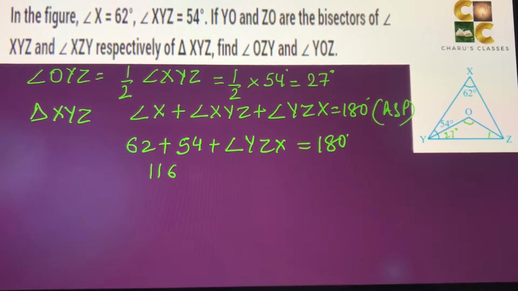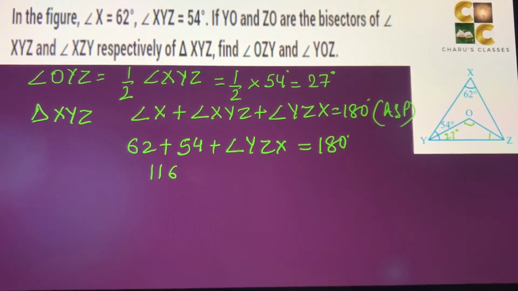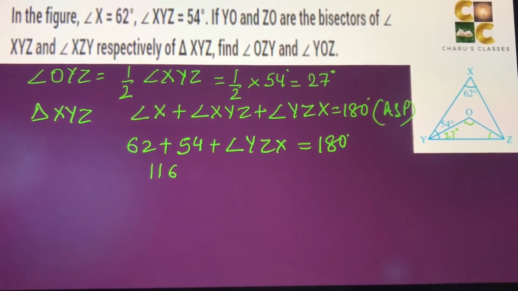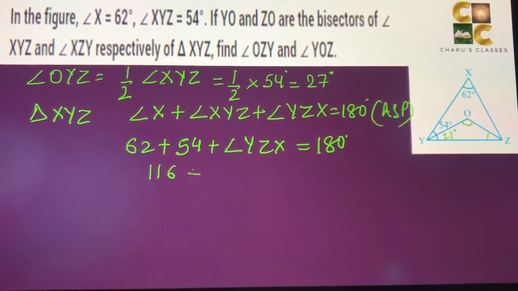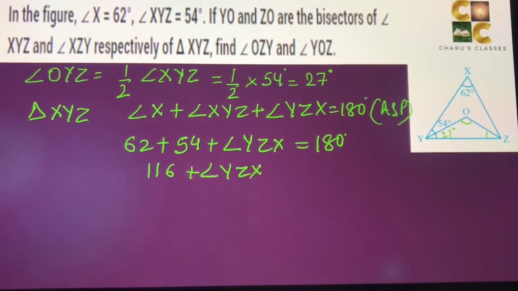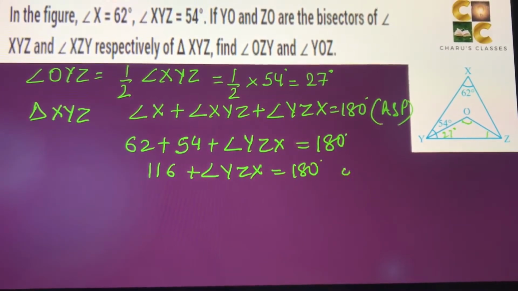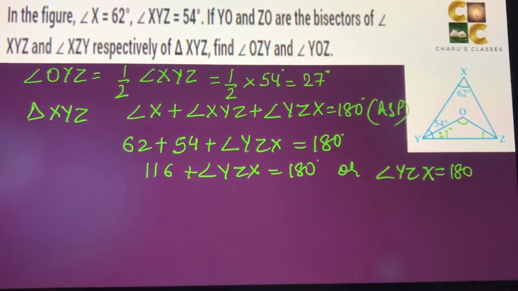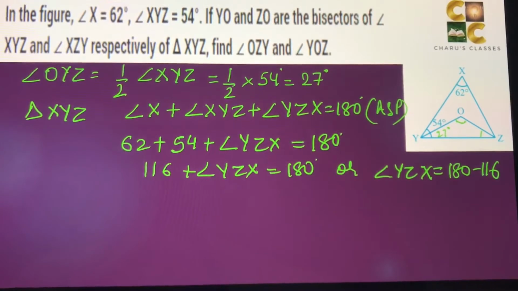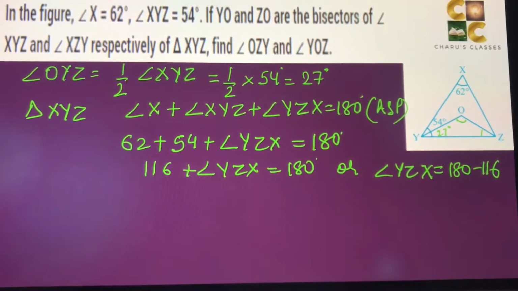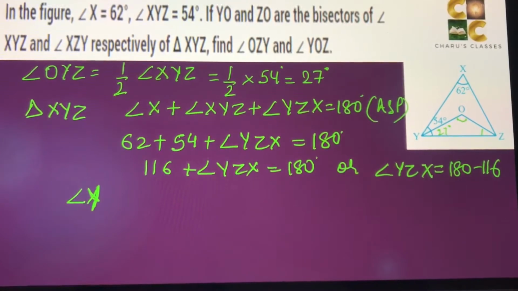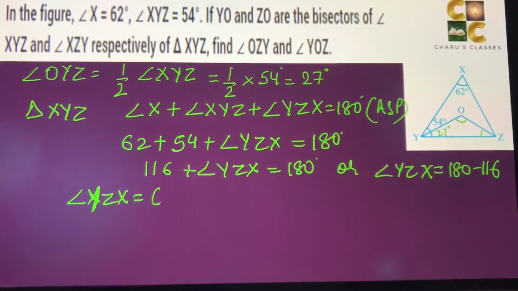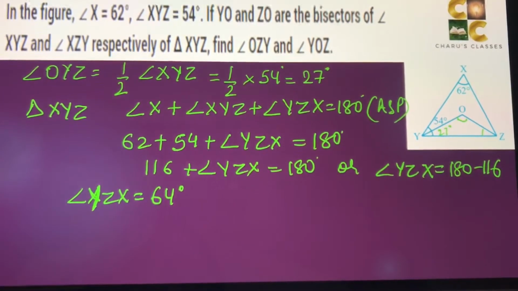So adding them, we will get 116 plus angle YZX is equal to 180 degrees, or my angle YZX will be 180 minus 116, which comes out as 64 degrees. So the angle YZX is equal to 64 degrees.